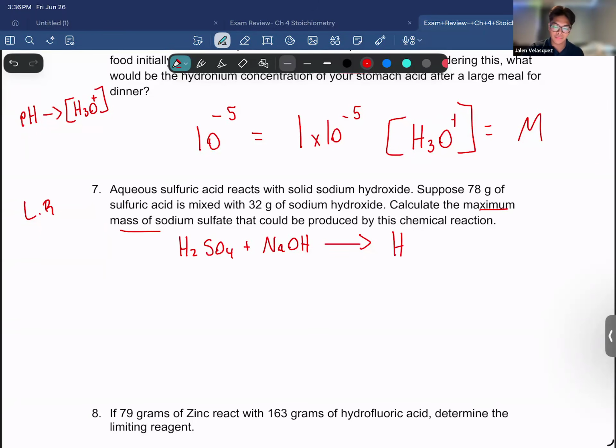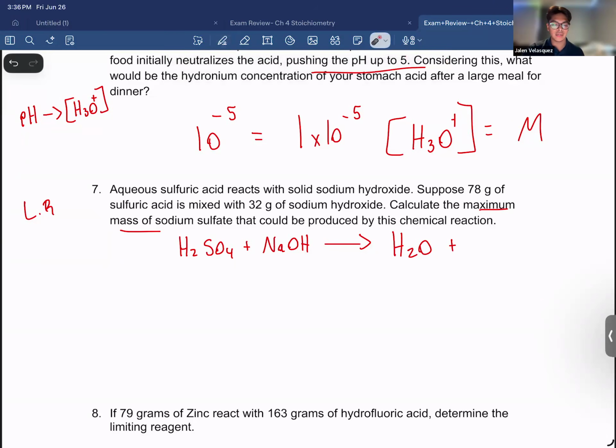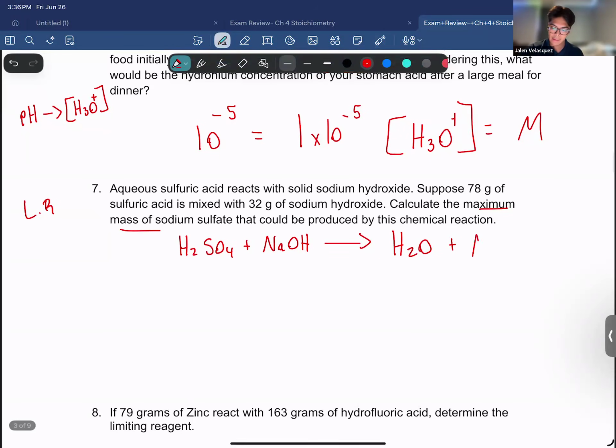So it makes water and it's going to make a salt, which is going to be the sodium sulfate. Then we have to balance the equation, so just put a coefficient of 2 in front of water and in front of the sodium hydroxide, and we have a balanced equation.